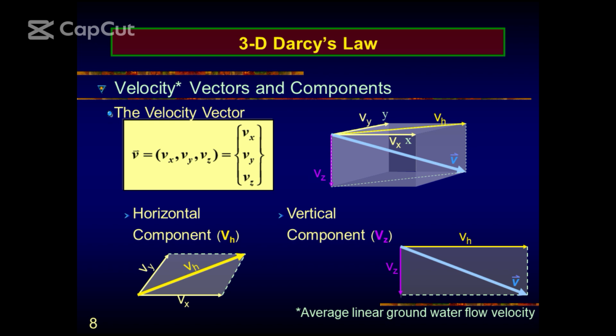V is equal to Vx plus Vy plus Vz. The vector V is equal to Vx plus Vy plus Vz. Right? Is he right? Yes, with the arrow. Oh, you are busting my bubbles.